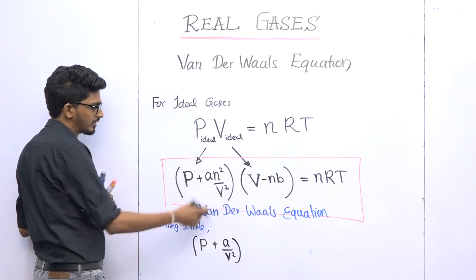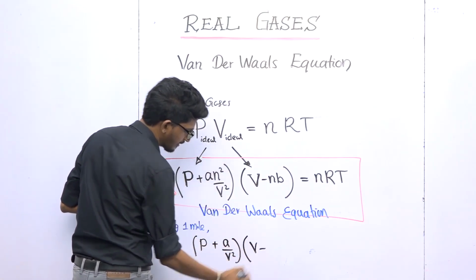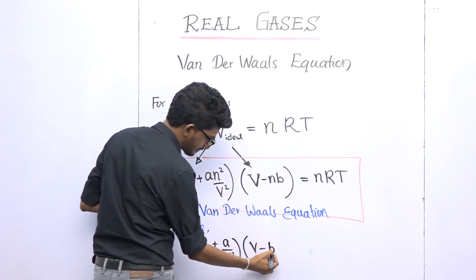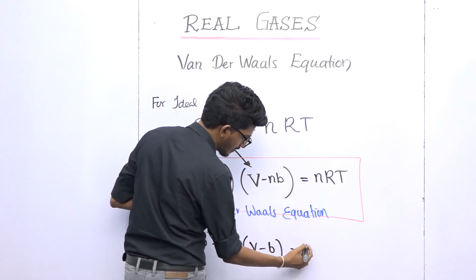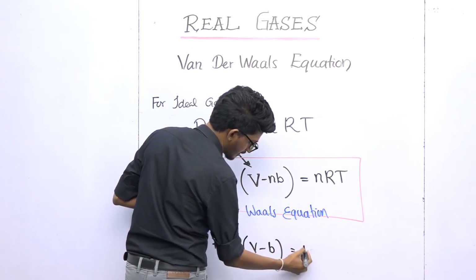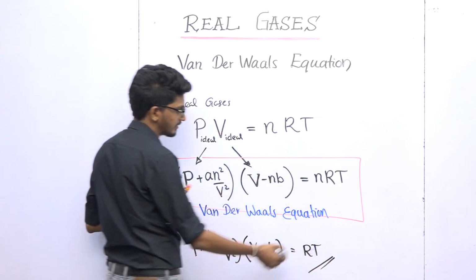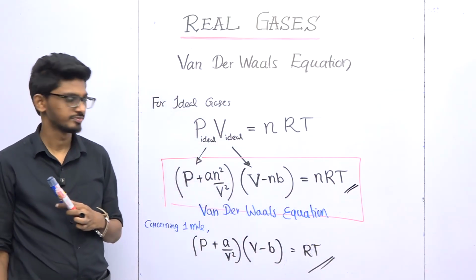So n disappears now, 1 squared is 1. V minus nb, n is 1, so 1 into b is just b, is equal to nRT, n is 1, that is RT. So the Van der Waals equation can be written like this as well. Both forms are acceptable as the Van der Waals equation.